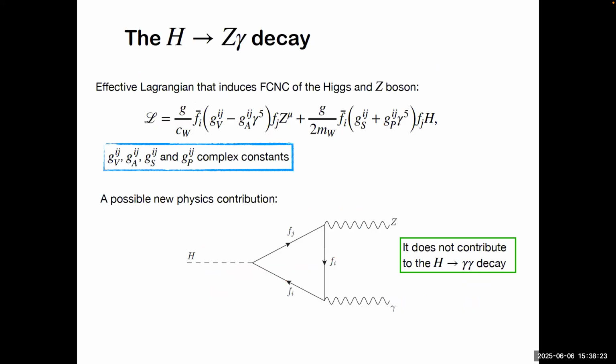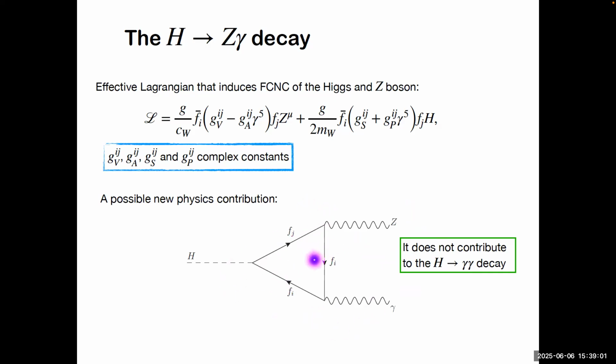Well, the next question is, is it possible to induce this form factor? We are also proposing a generic extension of the standard model, where we include flavor changing neutral currents mediated by the Z boson and the Higgs boson. This kind of coupling doesn't exist in the standard model, and through this effective Lagrangian, I can obtain the following Feynman diagram at the one loop level.